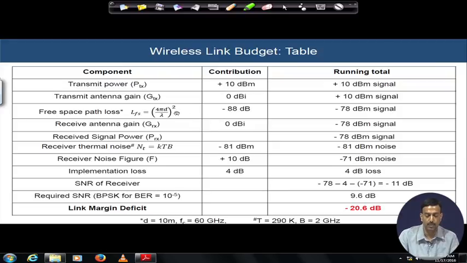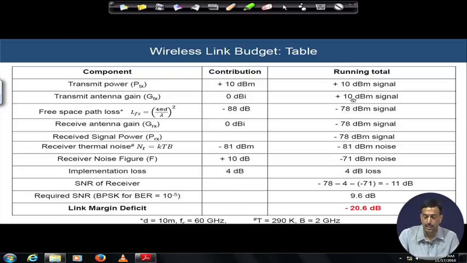So this is a straightforward calculation. In dB, it's nothing but 20 log to the base 10 of 4 pi d by lambda. So now the running total, that is the previous signal power, was 10 dBm. I have a free space loss of minus 88 dB. So I subtract 88 from 10, and the result is minus 78 dBm.